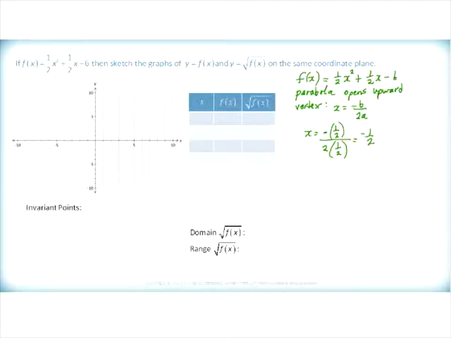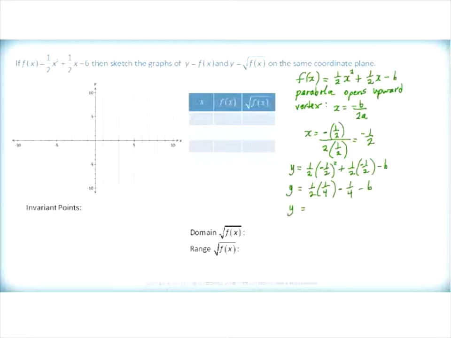The y-coordinate of the vertex can be determined by substituting negative 1/2 into the original equation to determine the value of y. So we have 1/2 times negative 1/2 squared plus 1/2 multiplied by negative 1/2 minus 6. That leaves us with 1/2 multiplied by 1/4 minus 1/4 minus 6.